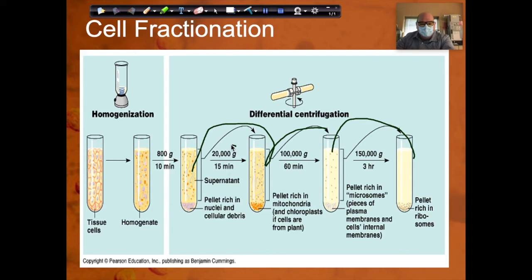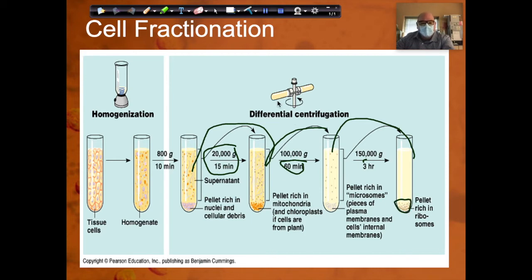You can see the force of the centrifuge right here is increasing. Okay, so we have 20,000 Gs, 100,000 Gs, and 150,000 Gs, and we also increase the length of time we do it. As we get to smaller and smaller particles, we require more force and more time to centrifuge.